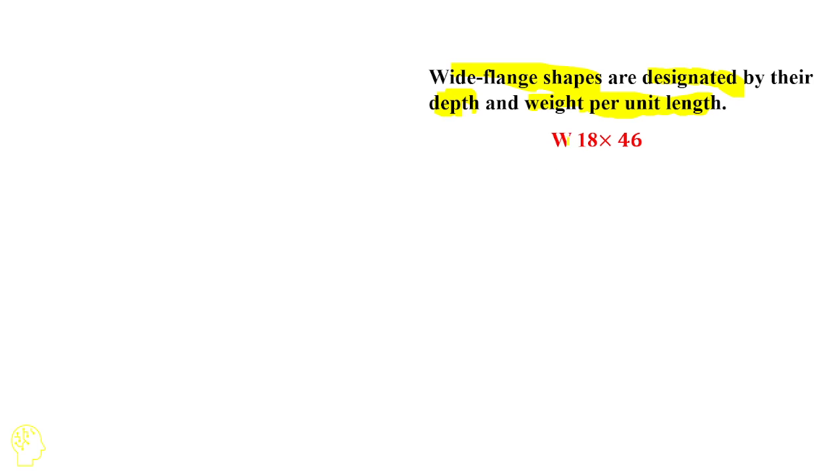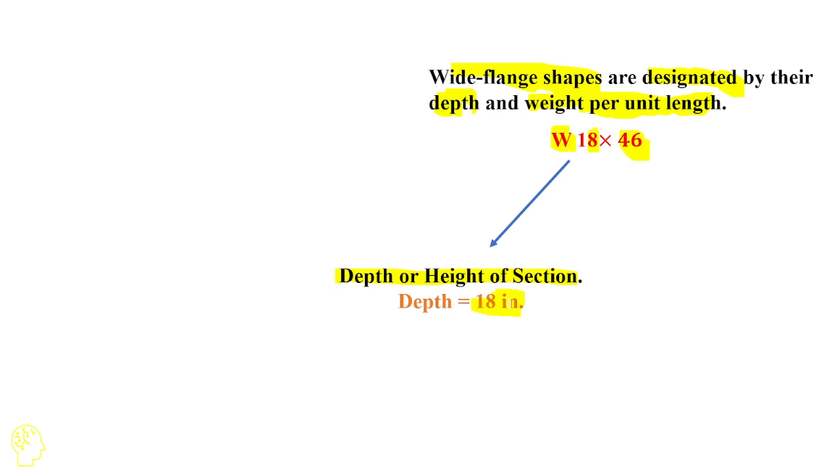If I have a wide flange shape, it just goes by two numbers, 18 times 46, for example. The first number gives me the depth or height of the section, that's the entire depth of the section, that's 18 inches, the first number. And the second number gives me the weight per unit of length, that's 46 pounds per foot.